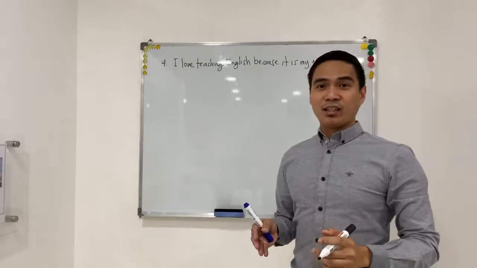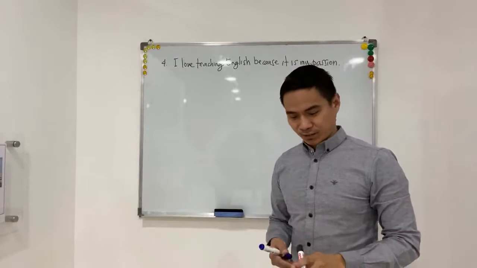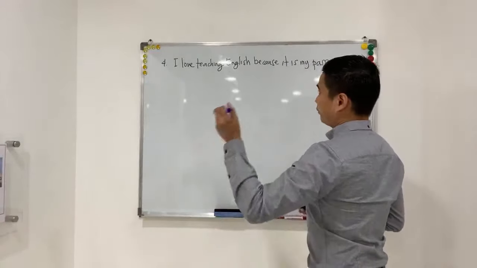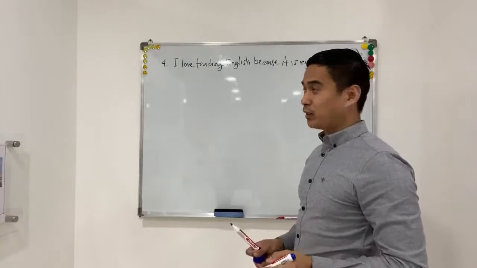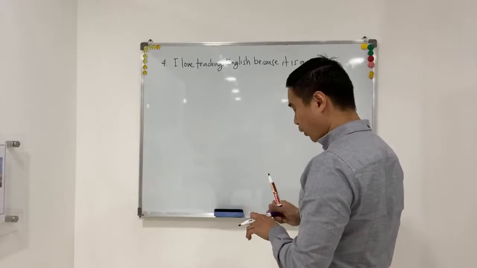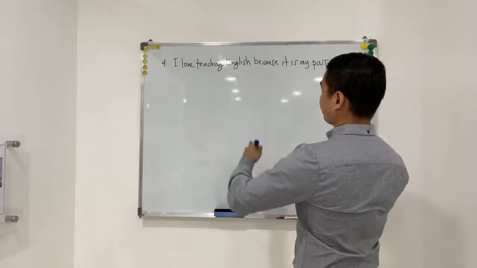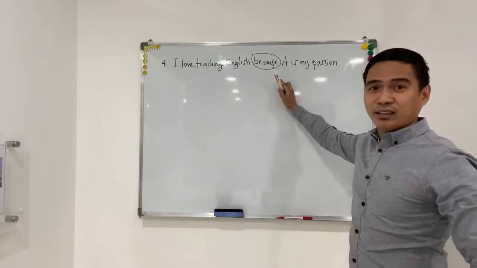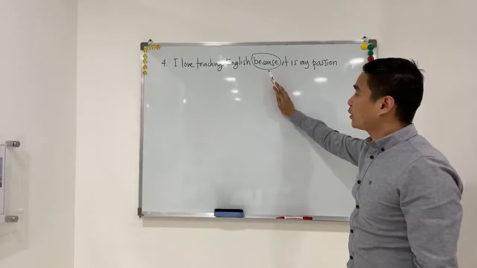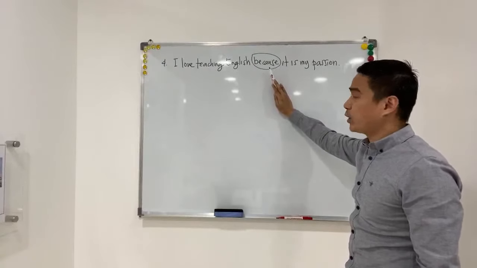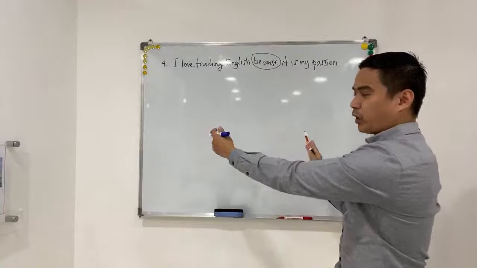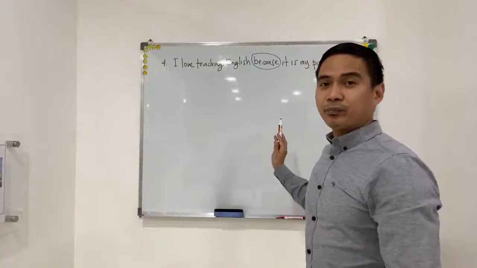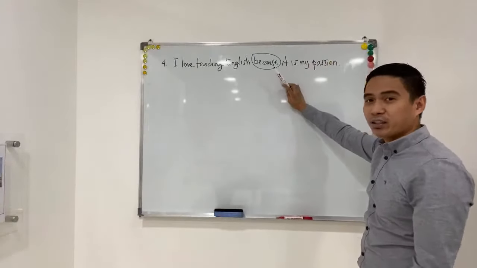So this is a complex sentence, which means we have one independent clause and one dependent clause. So now we have to determine which one is the dependent clause. Okay, we start with the subordinating conjunction. This is because, okay, when I made a discussion on the parts of speech, we have conjunction. So here is the conjunction.